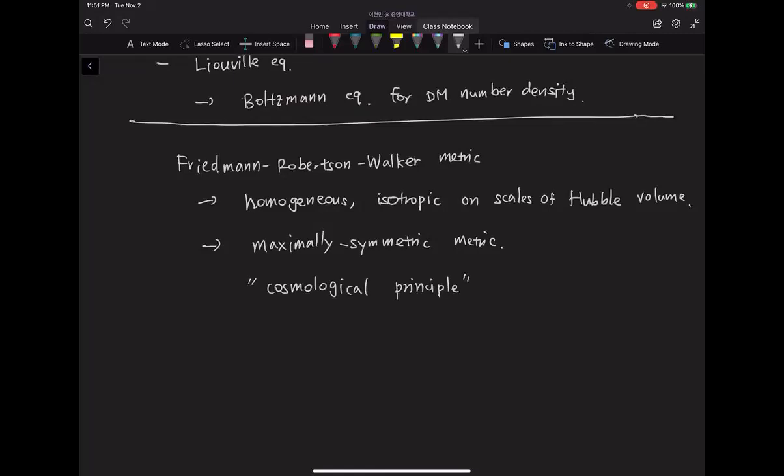It's like the Copernican principle. That means the Earth is not the center of the universe. So similarly, the solar system, the sun is not the center of the universe, and there is no center at all in the universe.